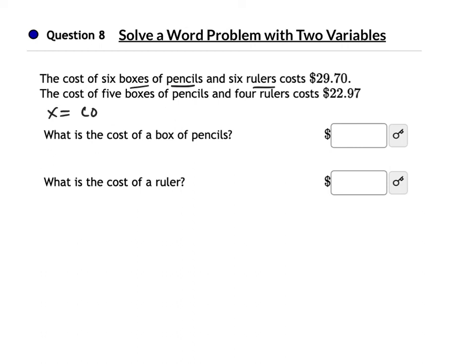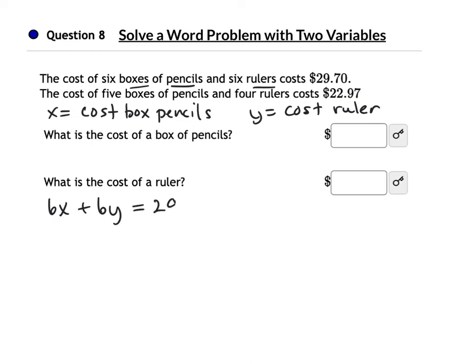X will be the cost of a box of pencils, and Y will be the cost of a ruler. 6 boxes of pencil is 6x, and 6 rulers is 6y, and that's $29.70. 5 boxes of pencil is 5x, and 4 rulers, 4y, is 22.97.